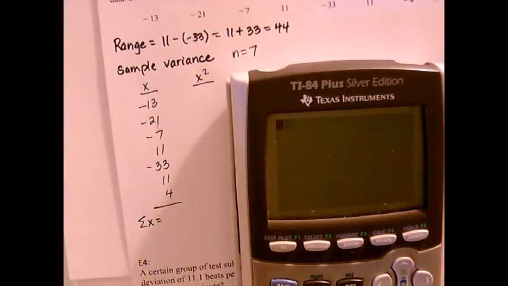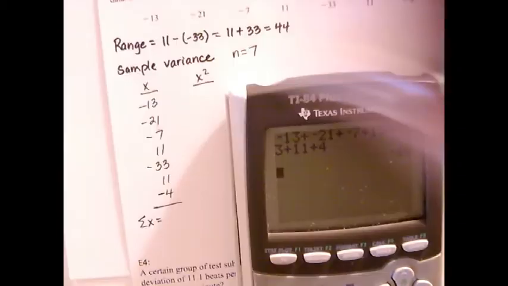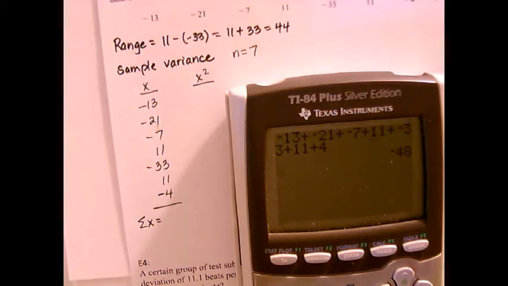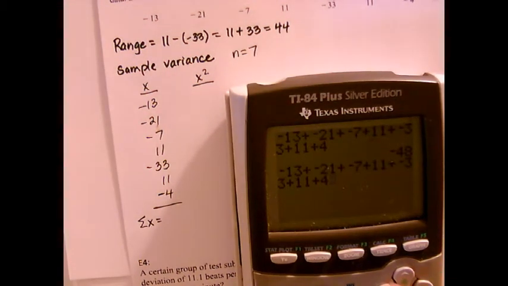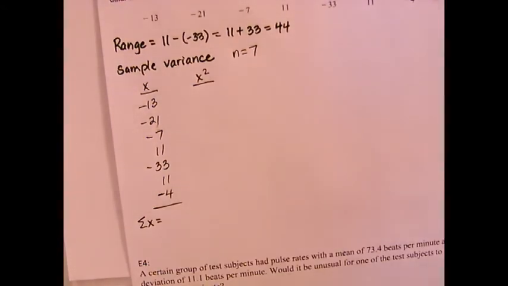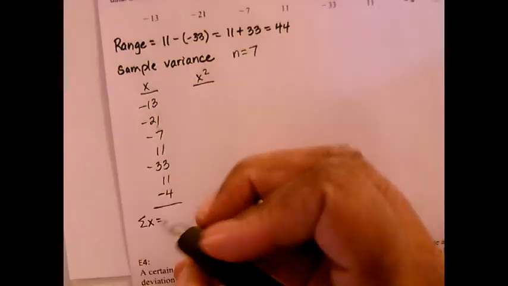So in this case, if I do negative 13, negative 21, negative 7, 11, negative 33, 11, and 4. I'm sorry, negative 4. Okay, so I need to go back and correct that. That will give me negative 56. So the sum of all your x's will be negative 56.